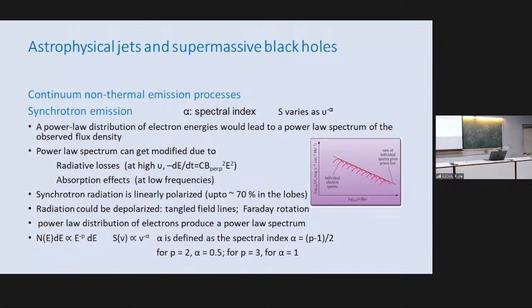Now, to get a power law slope, this is what it looks like for the power law, and one can write it as S of nu proportional to nu to the power minus alpha, where alpha is the spectral index.